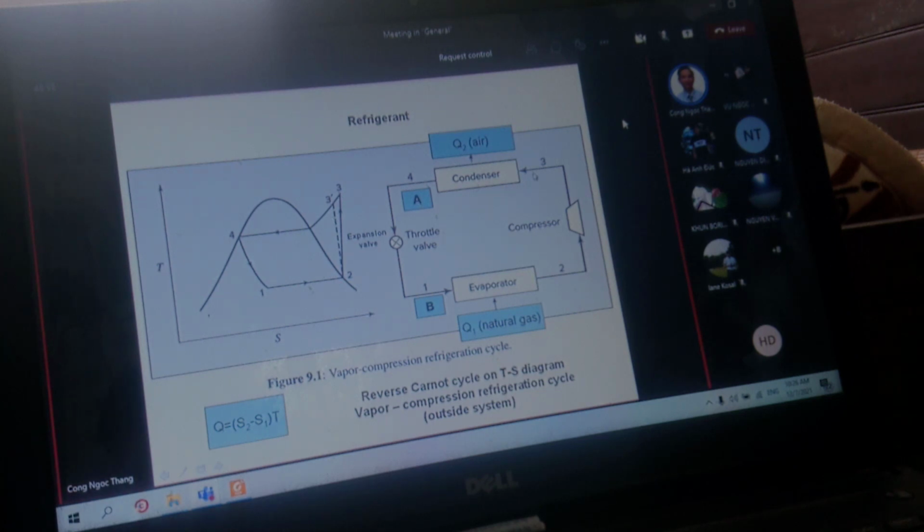From 3 to 4 we decrease temperature and condense in the condenser. This is a counter-temperature condensation in this region. And then from 4 to 1, this region expands and goes back to the first state.